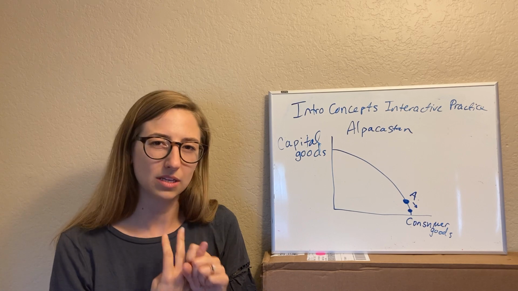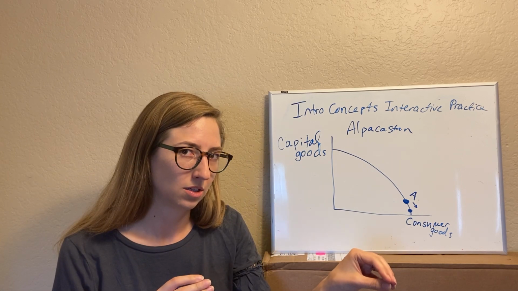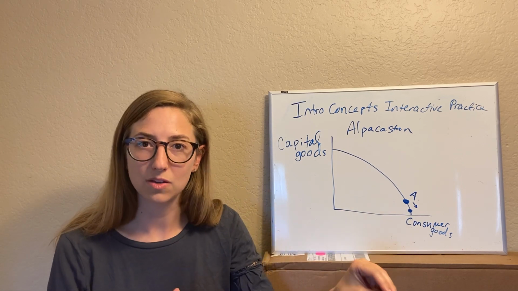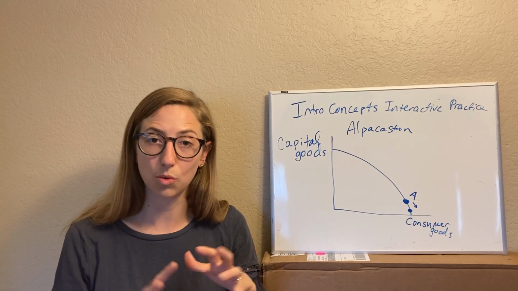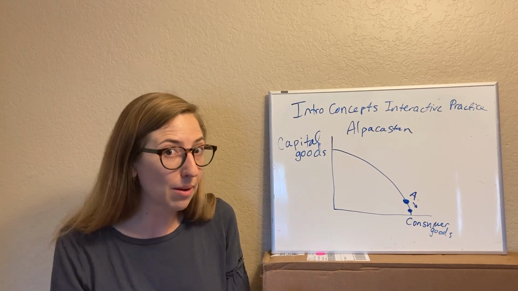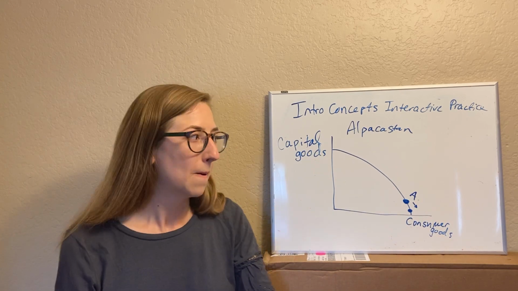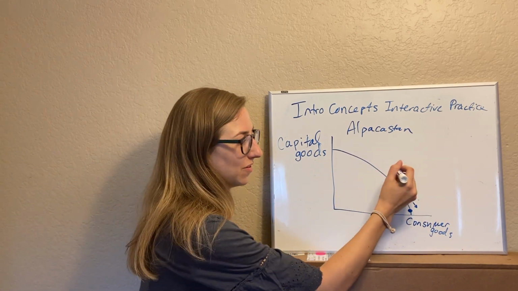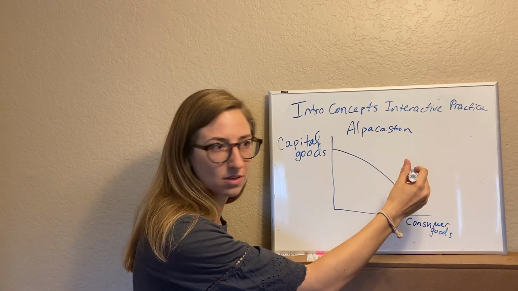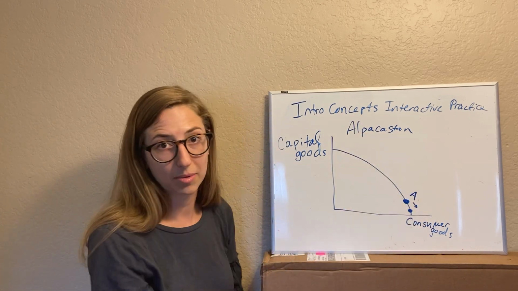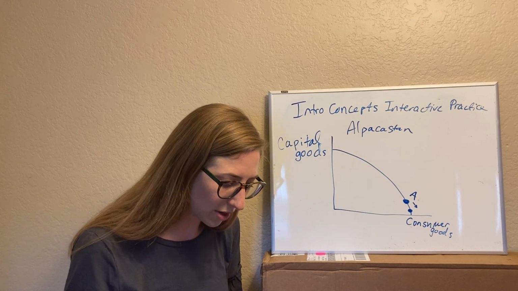How does that affect their ability to produce in the future? Yeah, it would go up, right? Because remember we talked about how capital makes the workers more productive. So if you're building up more capital, then in the future you're going to be able to produce more goods and services. And so that's how you get the PPC curve shifting out, which we saw before as economic growth. Okay, cool.